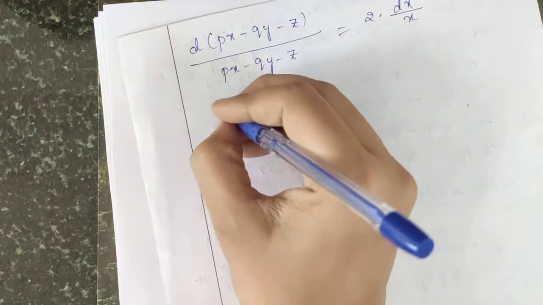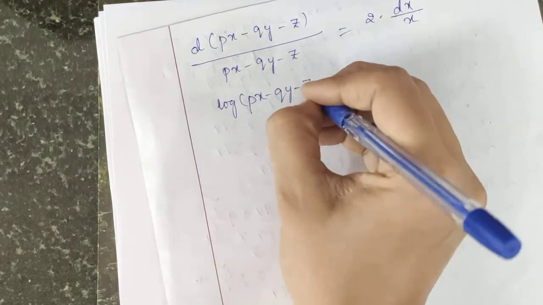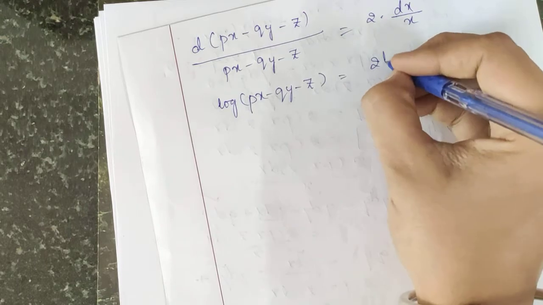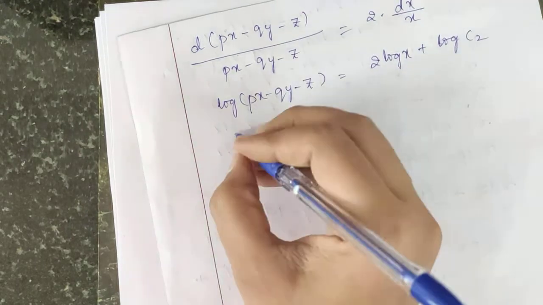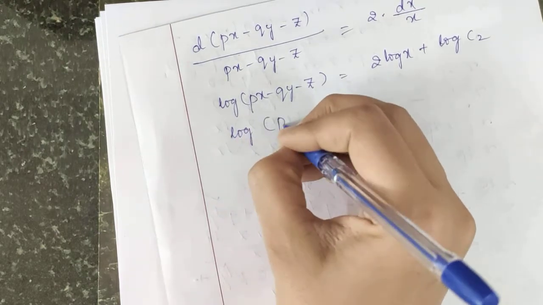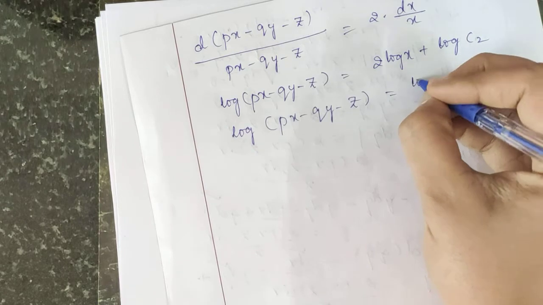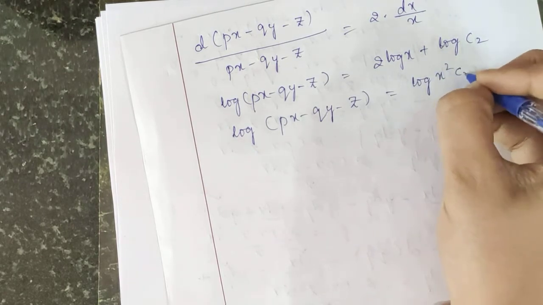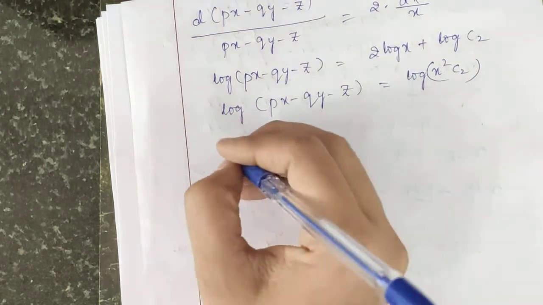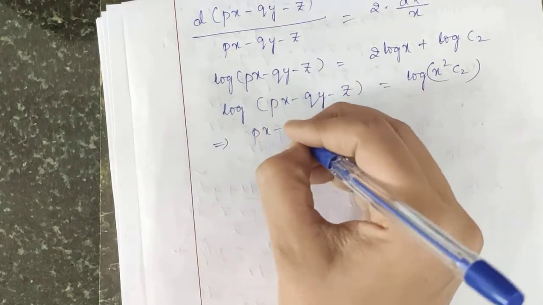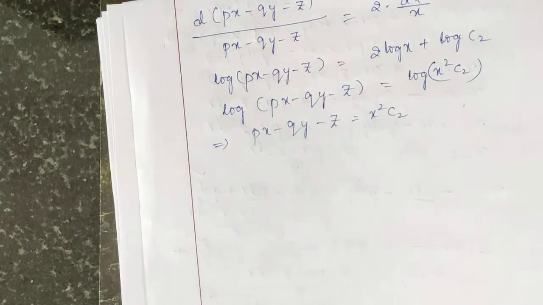Now integrate this, you will get log of (px minus qy minus z) is equal to 2 times of log x plus log c2. So this is nothing but log of (px minus qy minus z) is equal to log of x square c2 using the property of logarithms, right? So this implies px minus qy minus z is equal to x square c2.